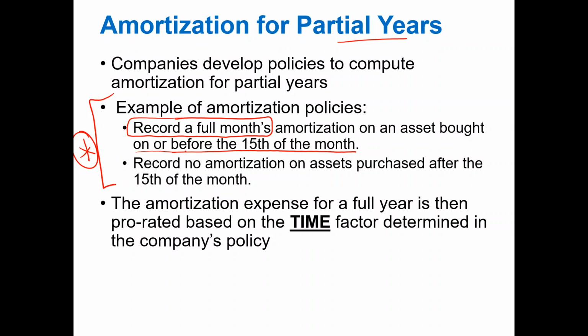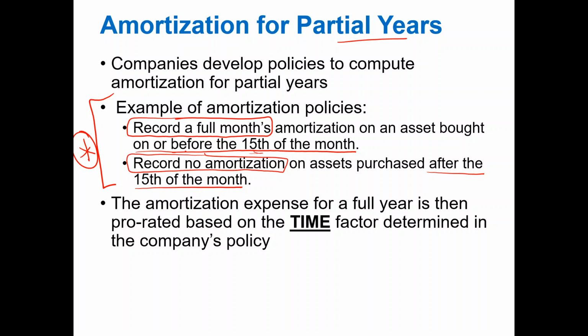So if you bought something on January 10th, that's before the 15th, so we would count January as a month of ownership and record amortization for that month. If something is purchased after the 15th of the month, we don't count that as a month, and therefore you would record no amortization for that month.